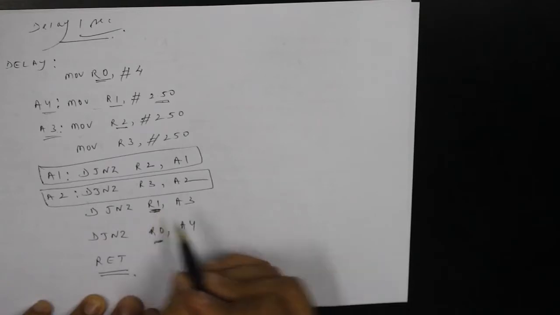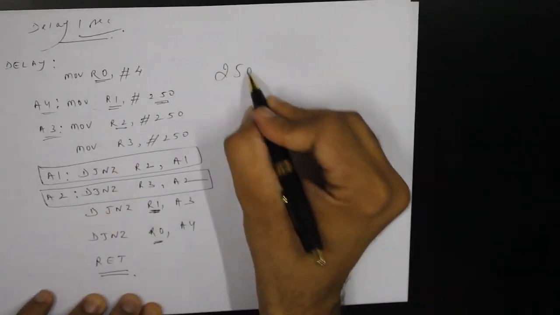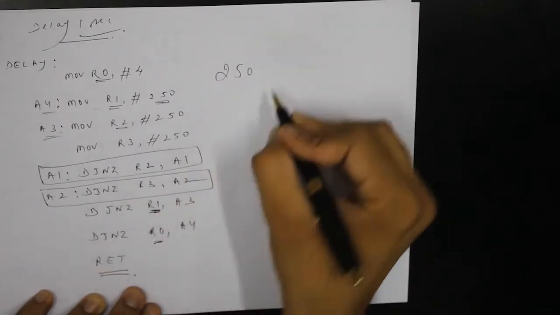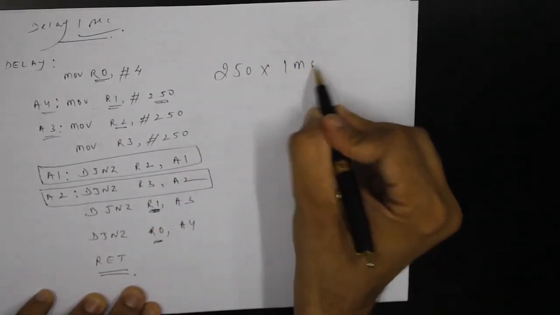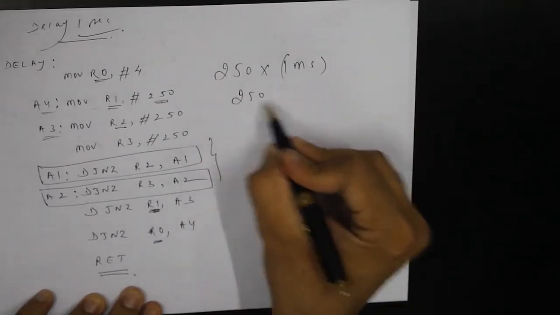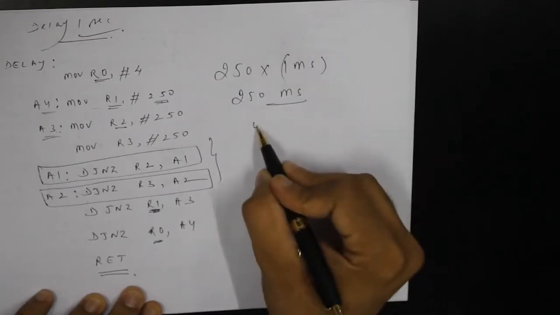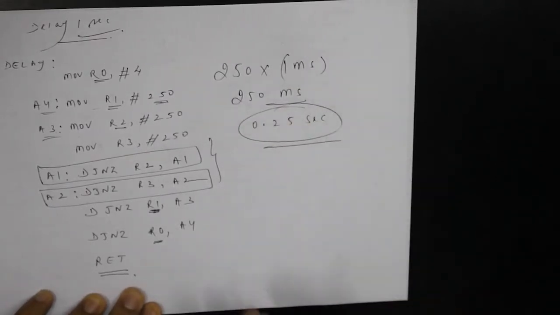What is the value that you have stored in R1? That is 250. So this entire loop is repeating 250 times. This loop is giving you 1 millisecond delay. If we consider only this one, it will be 250 milliseconds. It is 0.25 seconds. All right, is this clear?